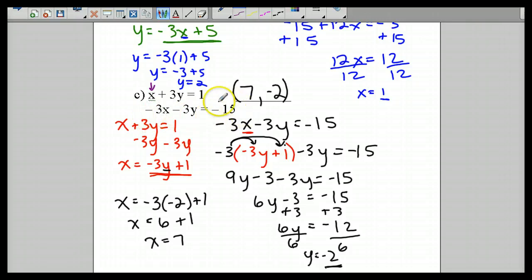And that's coming from this equation right here. We solve for y, we get y equals negative 2. Then we substitute y equals negative 2 back into this original equation to find x. And we get x equals 7. So our ordered pair in this case is 7, negative 2. That is where these two graphs cross.